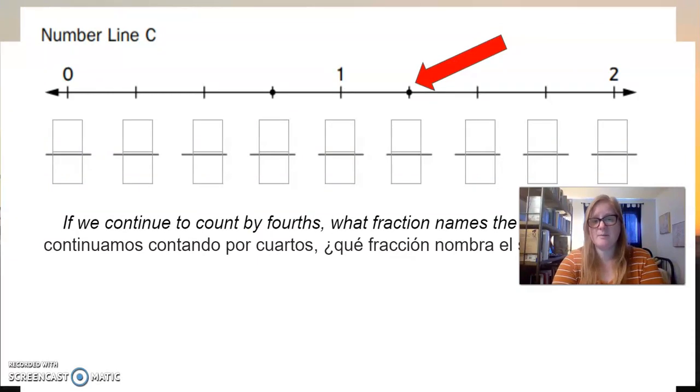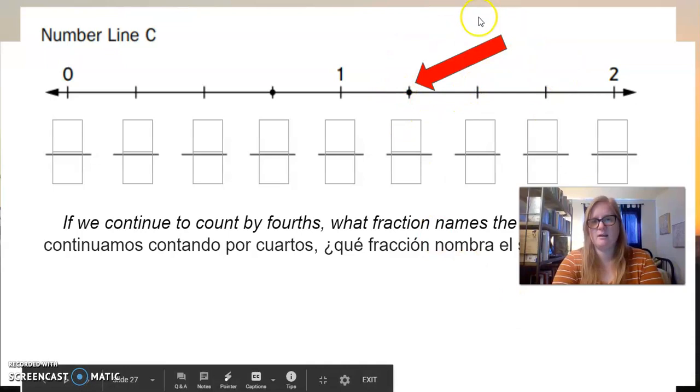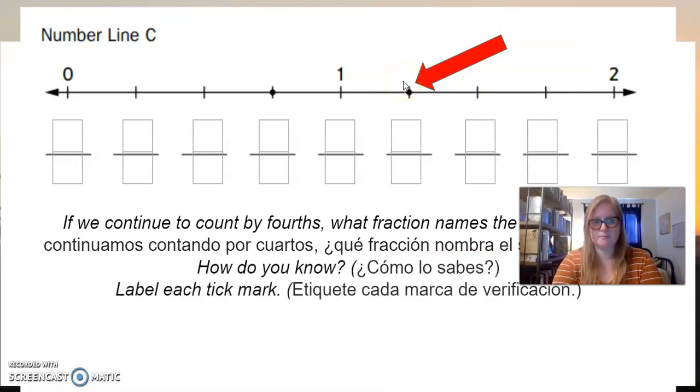Now, if we continue to count by fourths, what fraction names the next point here? Okay, how do you know? So if we're going to keep counting 0/4, 1/4, 2/4, 3/4, 4/4, 5/4, that's what this would be. 5/4, okay? 6/4, 7/4, 8/4.